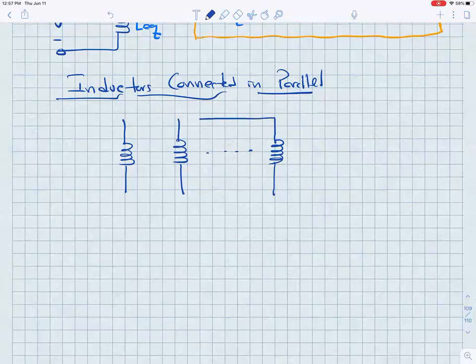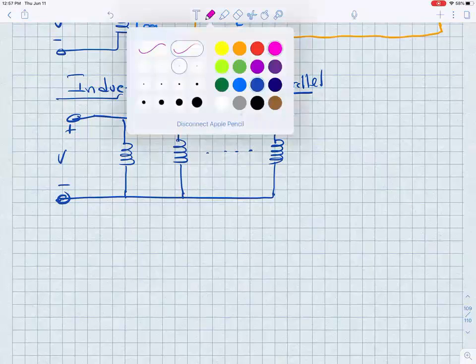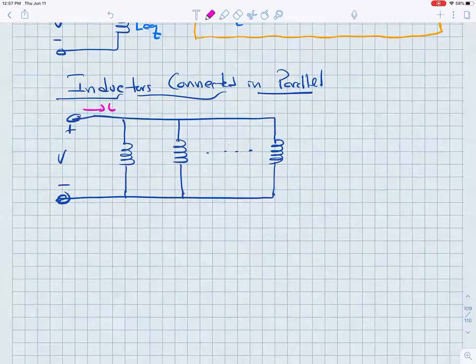We can join all of them together like that. For this one, we know the voltage across them is going to be the same. The current is going to be splitting up. So if this is I, then that should be I1, I2, and then In, and so on and so forth.